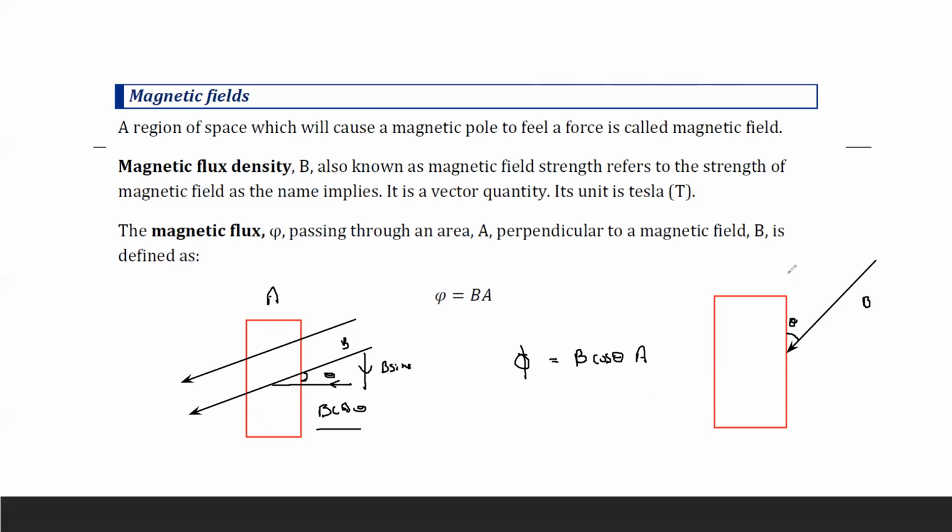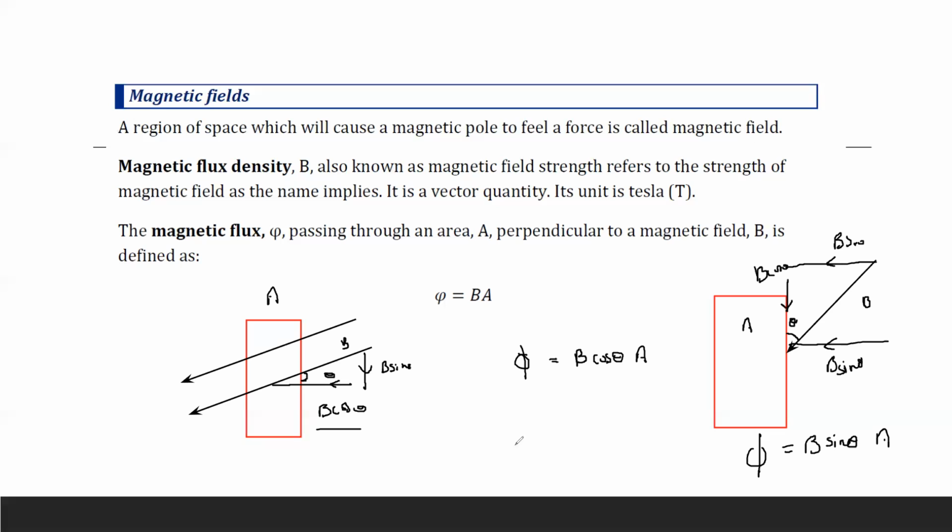So this one is B, the one with the angle is B cos theta, and against the angle will be B sin theta. In this case, the perpendicular component is B sin theta. So when we calculate the flux, flux will be equal to B sin theta times A. So it depends on what angle is given, angle with the x-axis or angle with the y-axis.